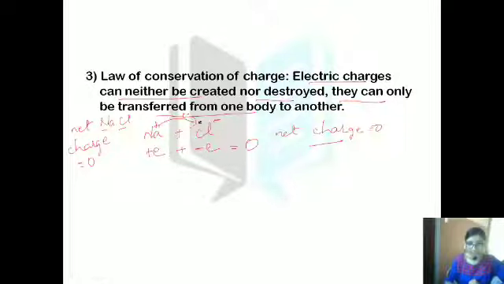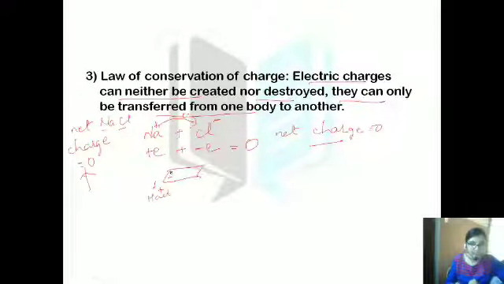Now let's take another example. Same as in the activity, when we are rubbing the scale with the hair, the scale acquires negative charge, and the hair acquires an equal amount of positive charge. Initially both are uncharged, net charge is 0.